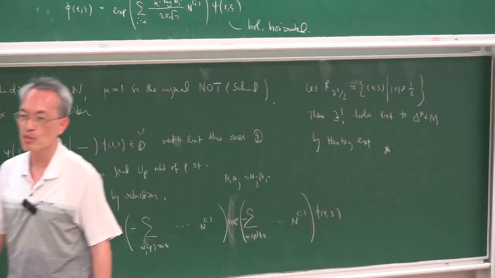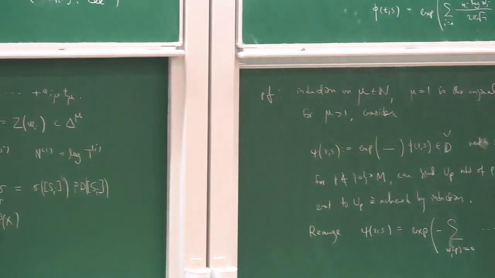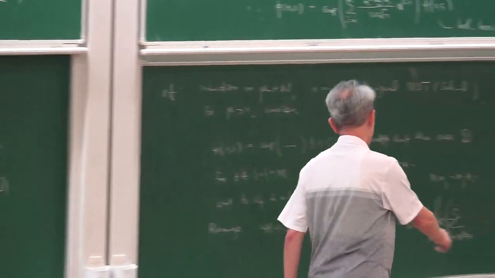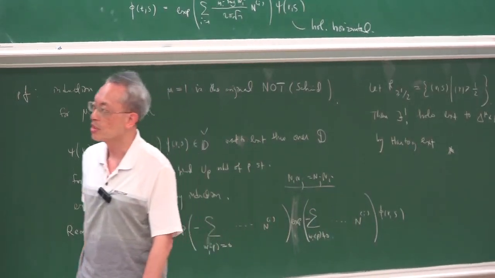Okay, so you see the proof is quite short. So that's the strange part, Hartogs extension. Okay. So the only thing you need now is the commutativity of the monodromy.